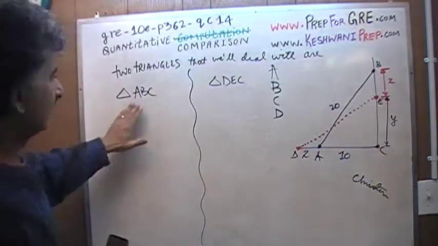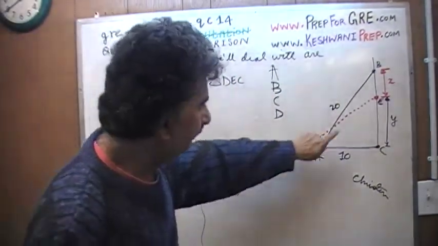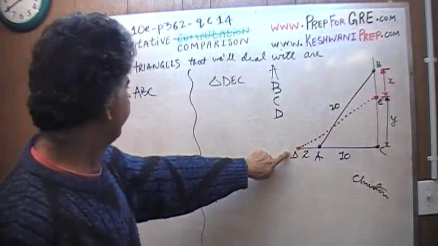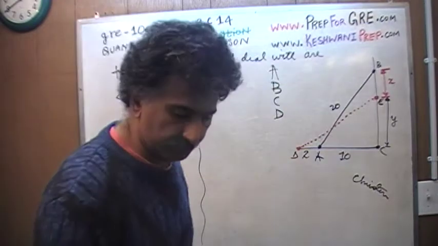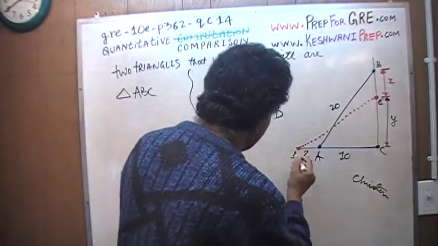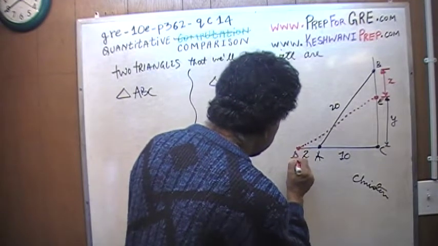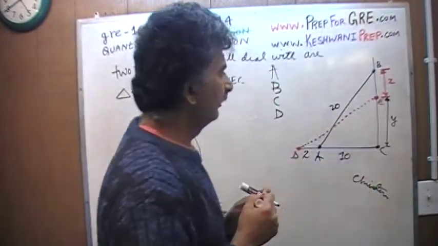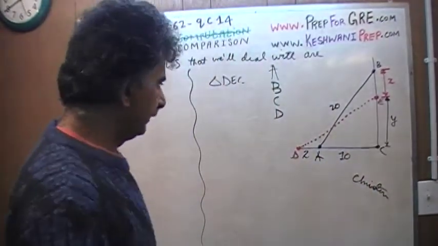Those are the two triangles we're going to deal with: ABC, or DEC. I'm going to put those D's right here. Where's your D? E. Oh, that made it worse. DEC.